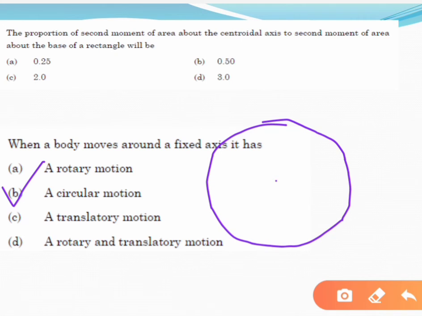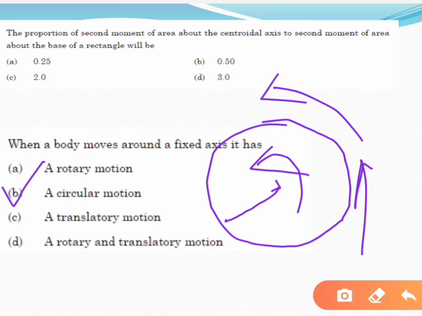This is the circle, this is the midpoint, and this is the axis. When a body moves around a fixed axis, the motion is circular motion. Rotary motion is the spinning movement of the body about its own axis. Keep that in mind.